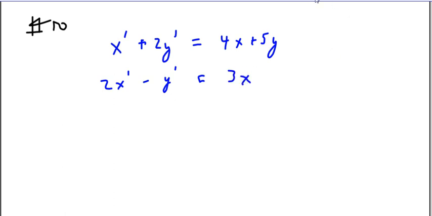And I have initial conditions x at 0 is 1, y at 0 is minus 1.